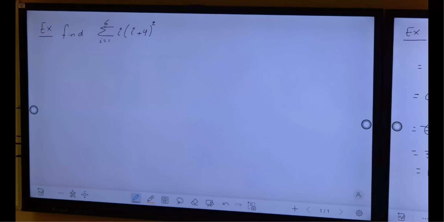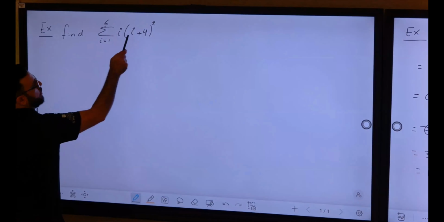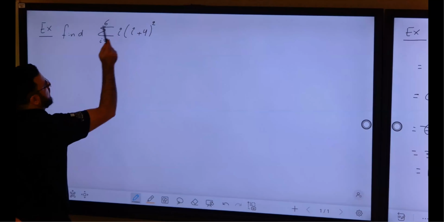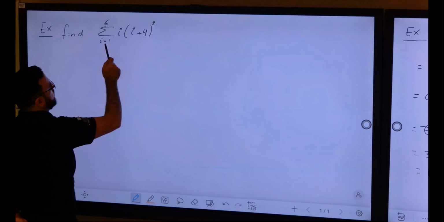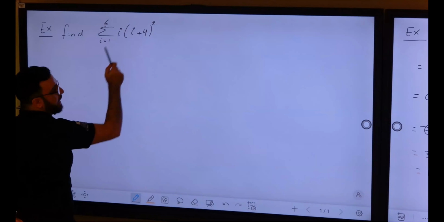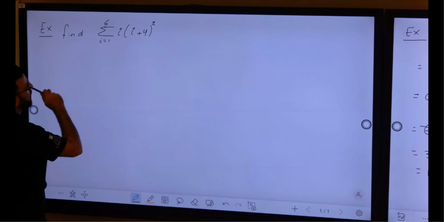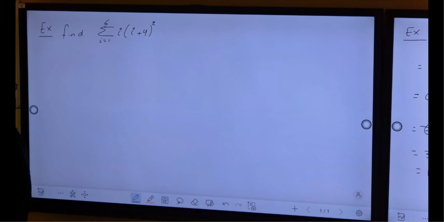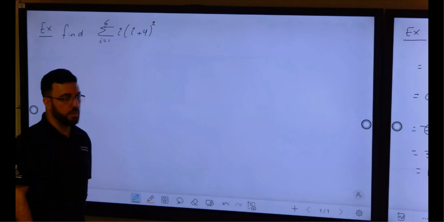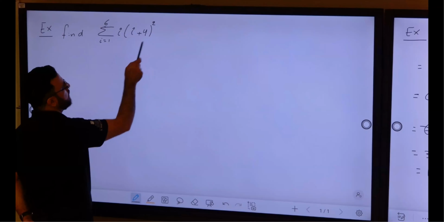Let's check this example, where we're going to do the same thing. Now imagine you plug in 1, it's going to be 1 plus 4 squared. Then you plug in 2, it's going to be 2 plus 2 squared. Plug in 3, plug in 4, plug in 5. Now before we do that, let's simplify. How are we going to simplify? Can I use one of these rules? Can I say summation of i and summation of the parentheses?